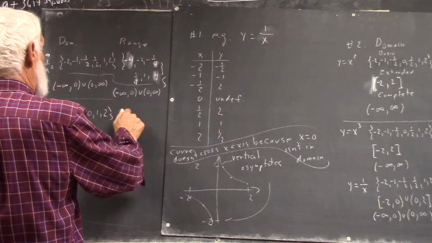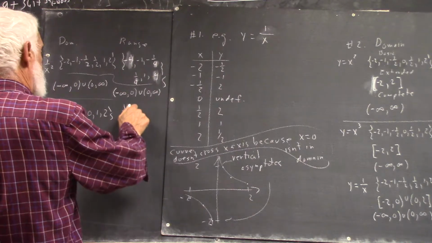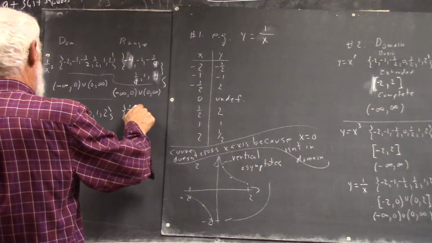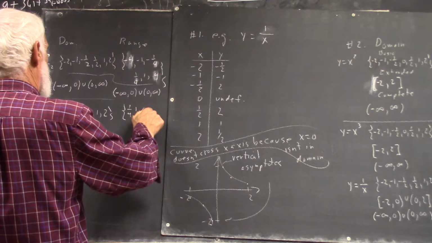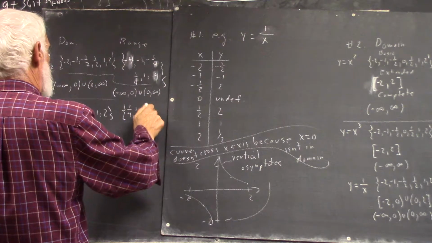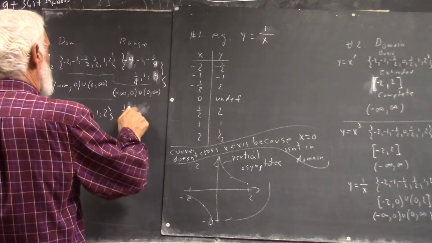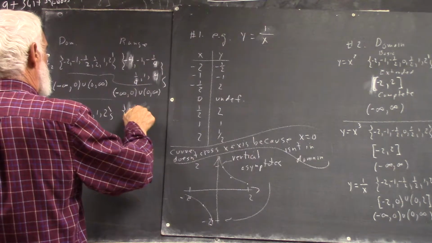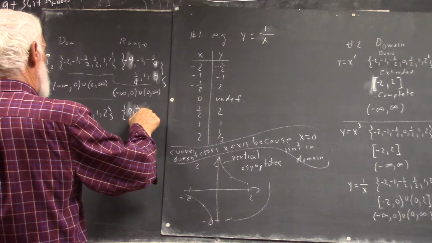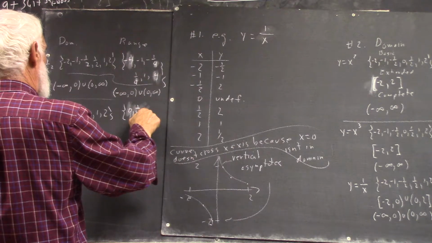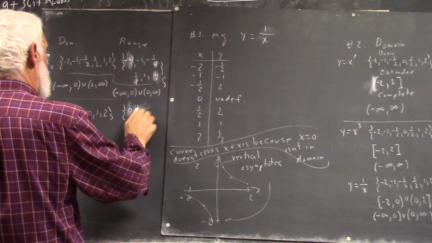Your range is then the set 1/4, 1, 0. Well, let's do it in order. It's not 1/4, it's 1/2.